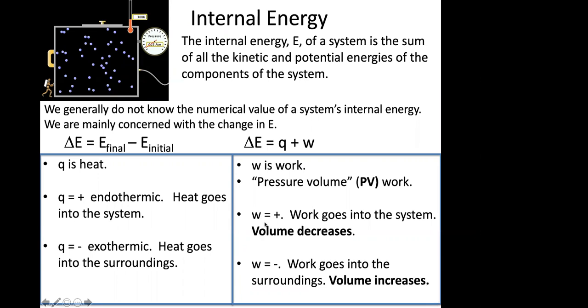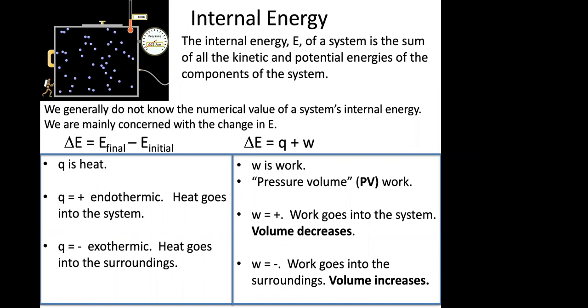If the system's volume gets squished smaller, that means we are doing work on it. Work meaning the surroundings is squishing it smaller. If instead the volume of the system gets bigger, it's pushing against the surroundings, so it is doing work. So if you look at the system, look at its volume change.